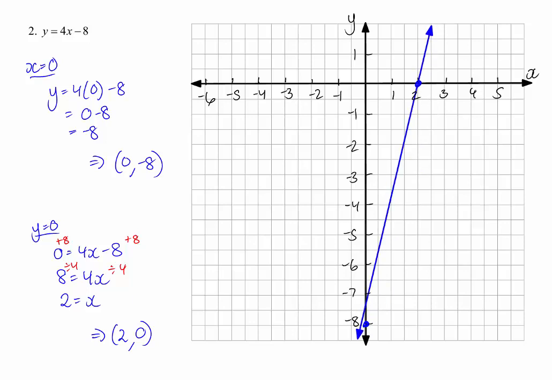So I just need to move it a bit. It's much easier for you using a ruler, but not being on a computer screen. I need to be accurate. So that's pretty good. And then I need to label it with y equals 4x minus 8.